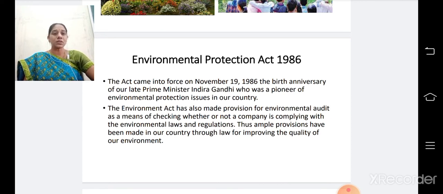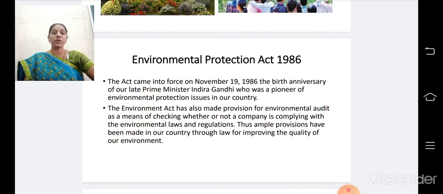The Environment Act has also made provision for environmental audit as a means of checking whether or not a company is complying with environmental laws and regulations. Thus, ample provisions have been made in our country through law for improving the quality of our environment.